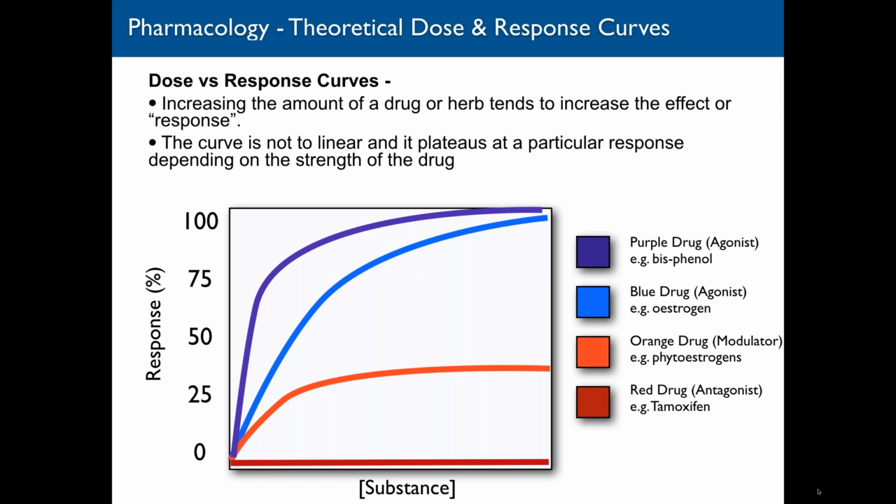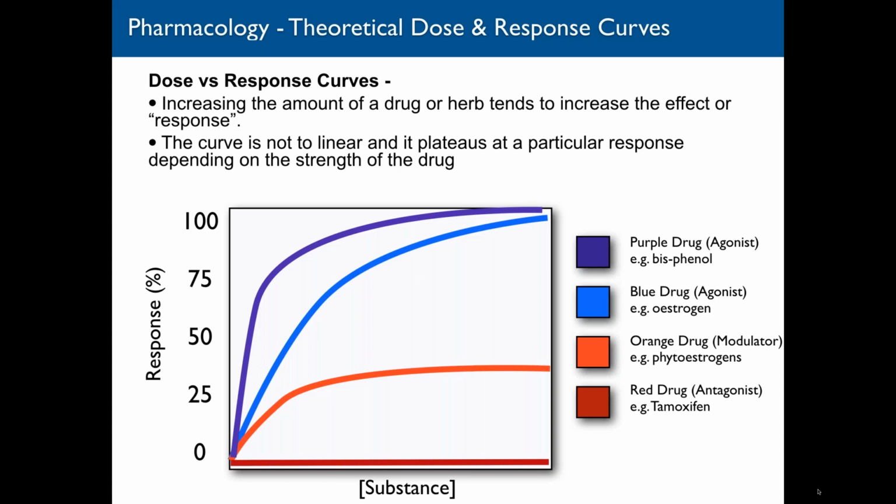Maybe the orange line might represent something like a herb that just gently interacts with these receptors, like California poppy or another very gentle sedative. Or chamomile tea doesn't necessarily work with opioid receptors, but has a calming effect and a very gentle analgesic effect. So some things, in very small amounts, could potentially cause death. Very powerful drugs would be represented with the purple one. Blue ones are powerful, but not as powerful as the purple one. And then orange things are very safe.